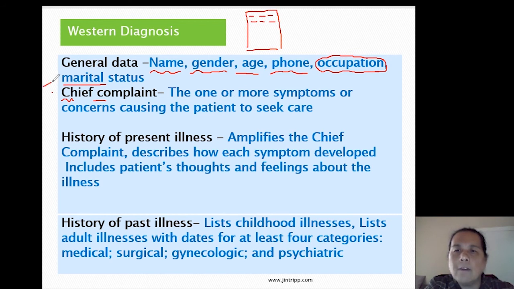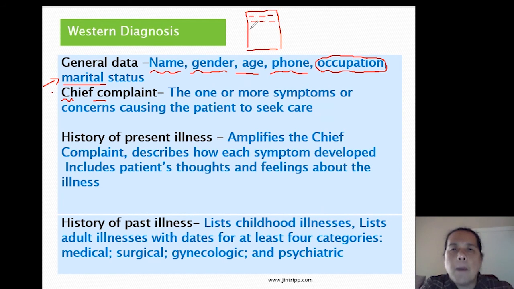We ask marital status because some illness may be related to it, for example, sexually transmitted illness. So that's the information on the top of the form.